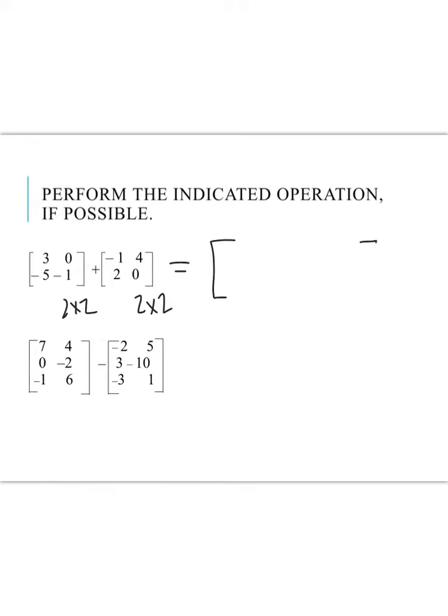So our new matrix will be 3 plus -1. Then we'll have 0 plus 4 and -5 plus 2 and finally -1 plus 0.